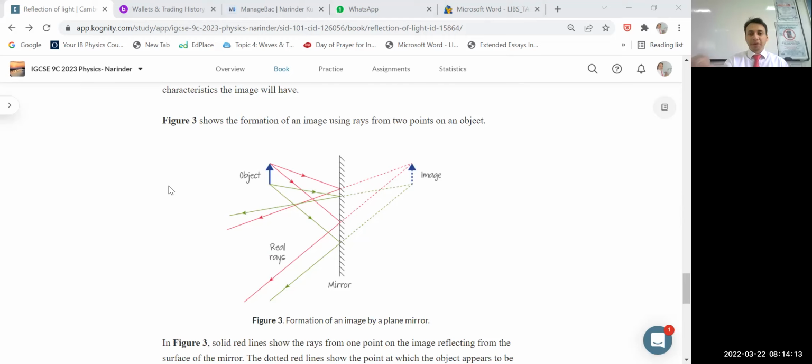Again, we have seen in the last lesson, children, image formation in case of a mirror. If you see, there is an object in front of a mirror. We have placed an object, any object, children. Light coming from that object strikes the face of the mirror, and after reflection you can see an image is formed, a virtual image is formed.